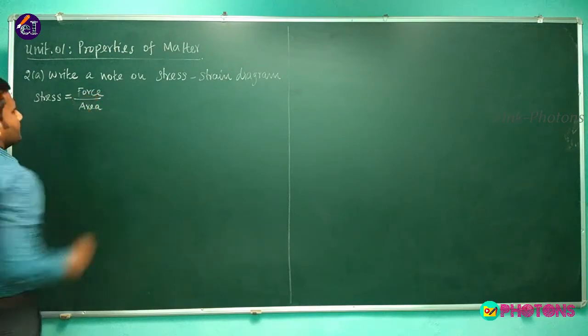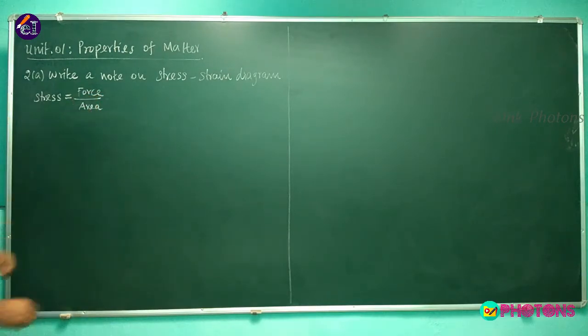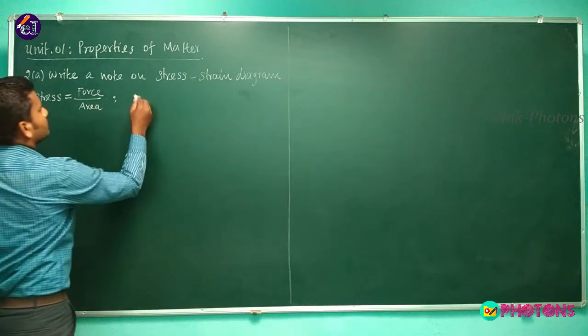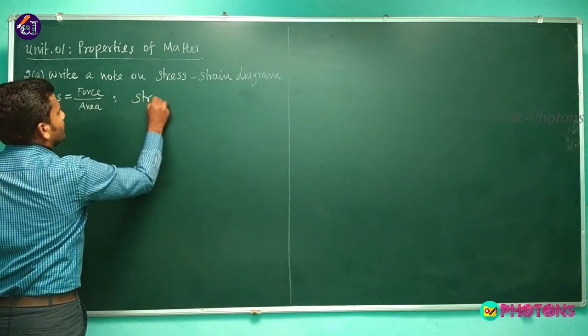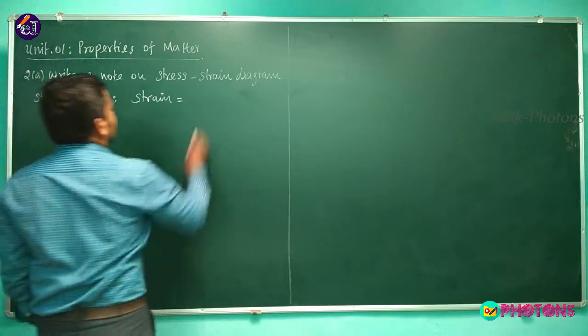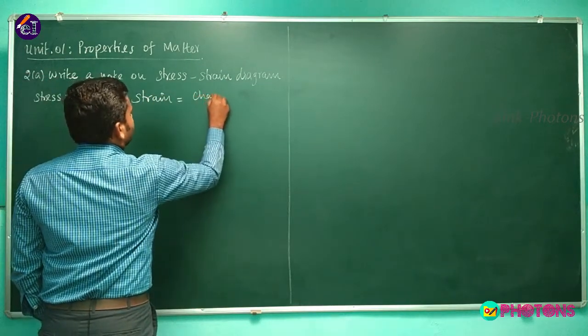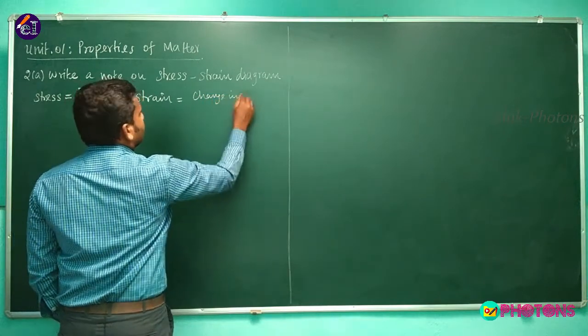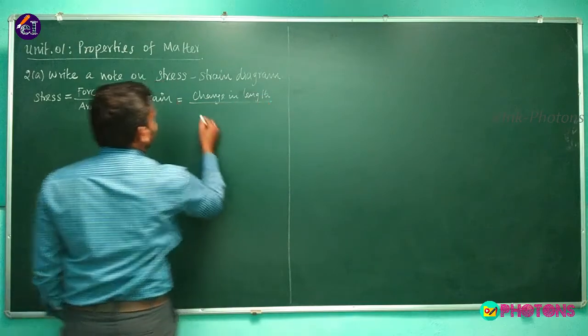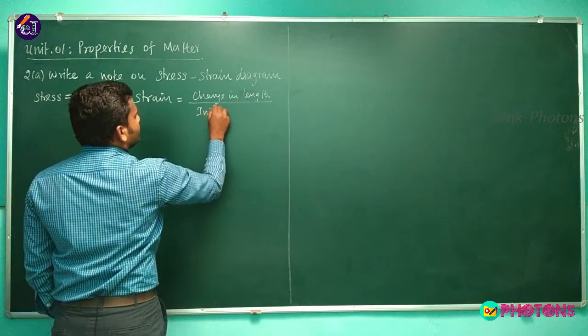So it is force per unit area. Strain is equal to change in length by initial length.